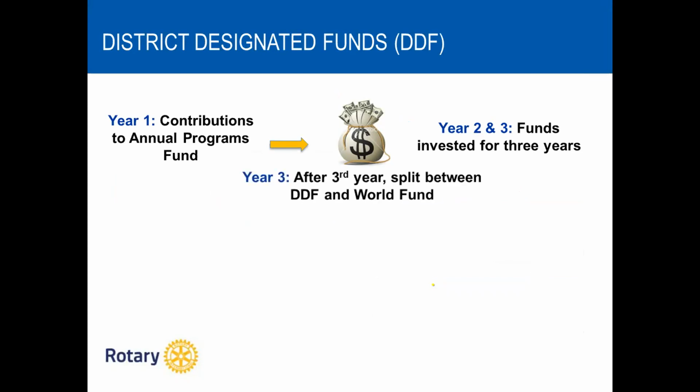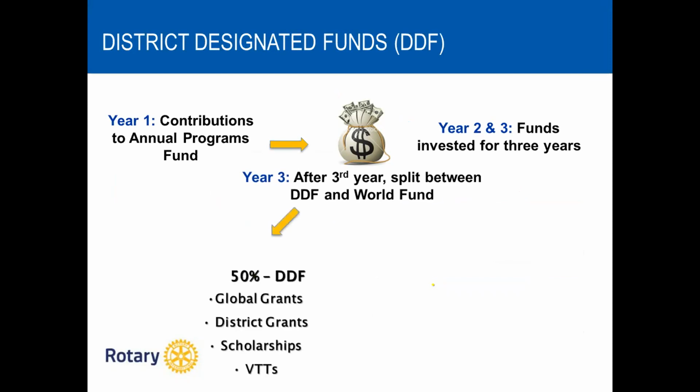Then after that 3rd year, it's split between the DDF and the World Fund. 50% going to DDF, which is what we use for our global grants and our district grants, which includes scholarships and vocational training teams. And the other 50% goes to the World Fund, which is what's used for the match for the global grants, for scholarships, vocational training teams, and anything else the trustees decide.